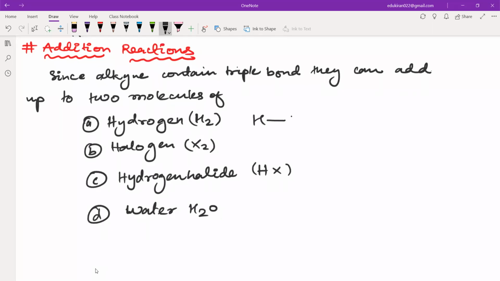So H2, is this reagent symmetrical or unsymmetrical, guys? Hydrogen is a symmetrical reagent. Symmetrical, right? All of you? What about X2? Symmetrical or unsymmetrical? Symmetrical. What about others?